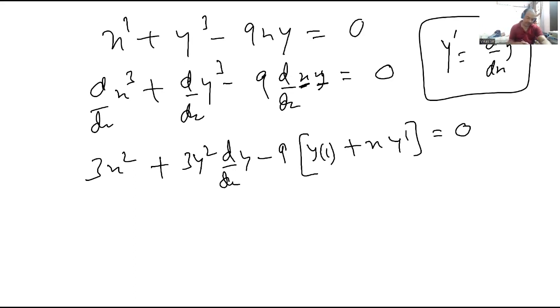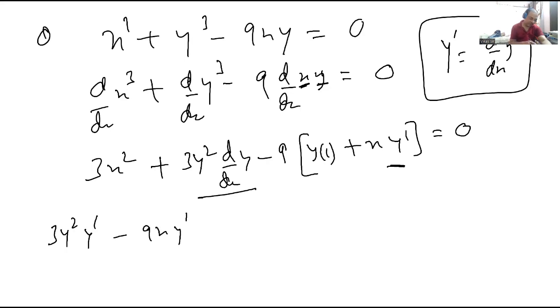Now here, I have to find the value of y dash. So what I have to do is bring all the parts having y dash to the LHS, and all other things to the RHS. This is 3y squared y dash minus 9x y dash.